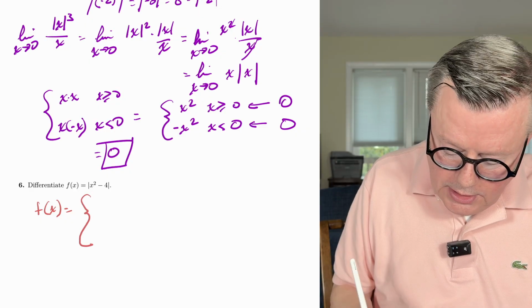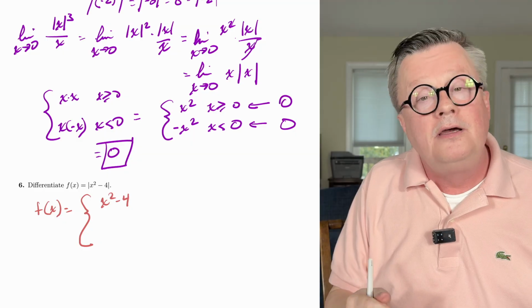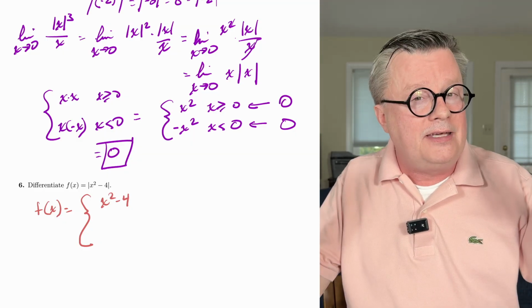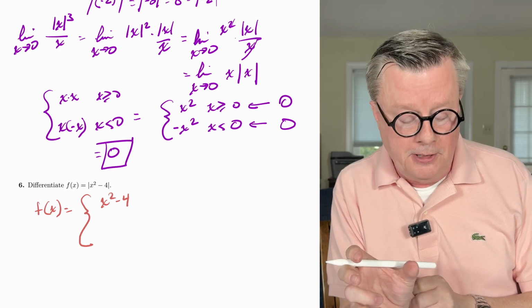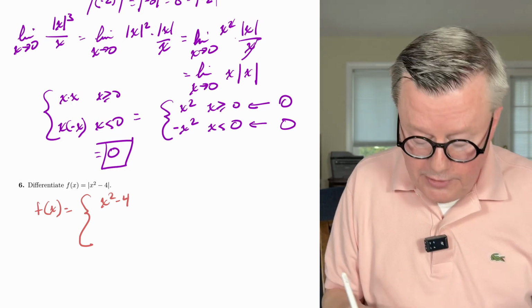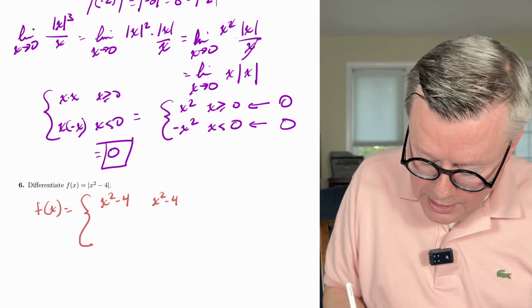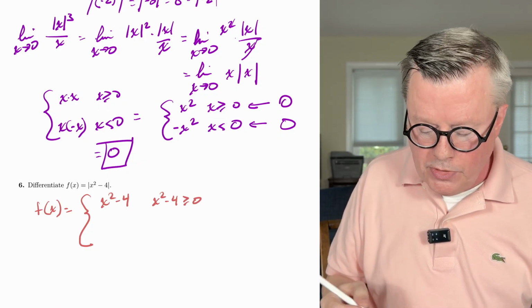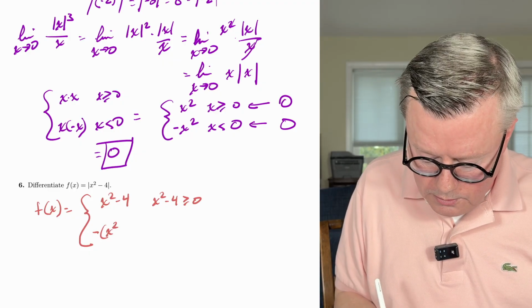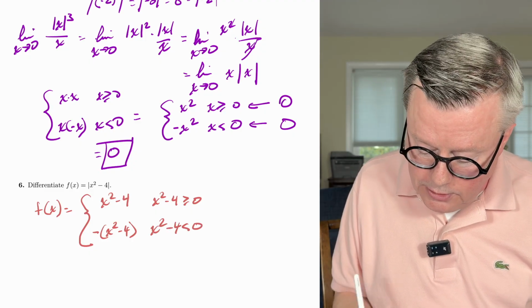This is going to be x squared minus 4 when x squared minus 4 is positive, right? I've got the absolute value of something. When the something is positive, I can remove the absolute value bars. So this is true when x squared minus 4 is bigger than or equal to 0. And it's the opposite of x squared minus 4 when x squared minus 4 is less than 0.